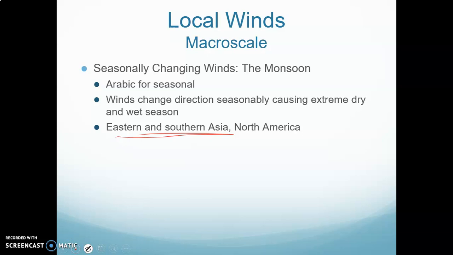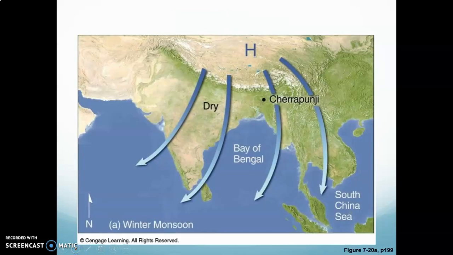Let me describe the monsoon a little bit better. Remember back a few slides, we talked about the katabatic wind, a high pressure on top of the mountains, specifically the Himalayan mountains, driving wind down the slopes into the valleys. Well, that's what we have here.